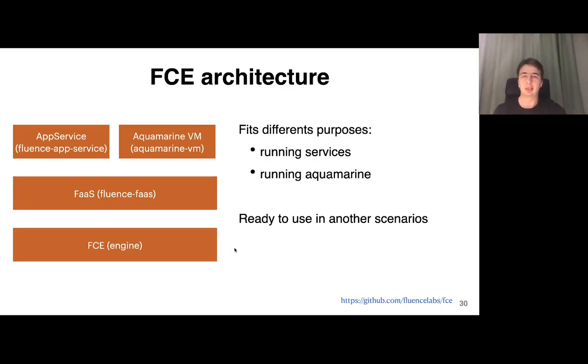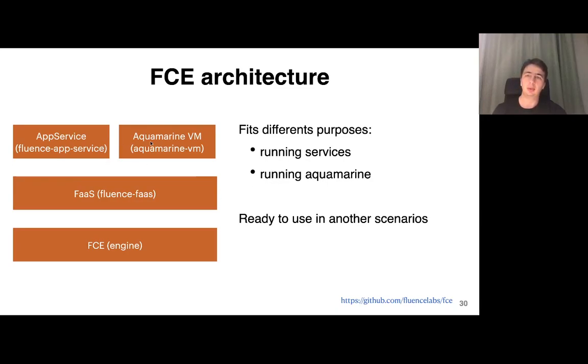Generally, it looks like three layers. On the first layer there is the engine, which supports the so-called raw operations. Then it's Fluence function as a service, intended to run function-as-a-service tasks in our network.